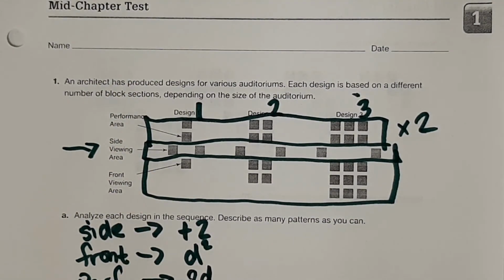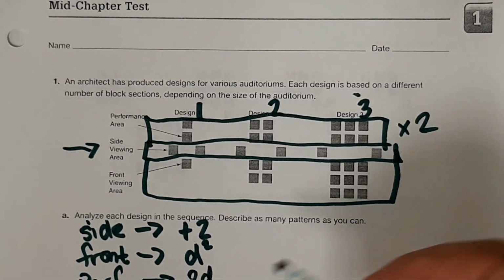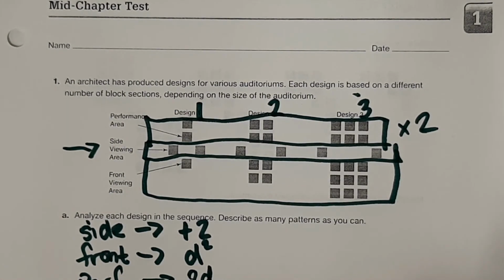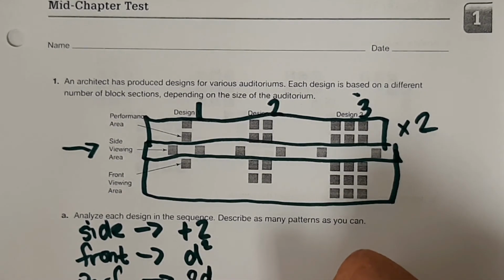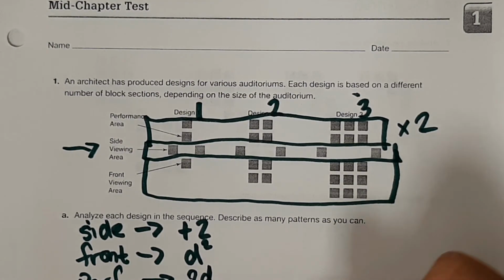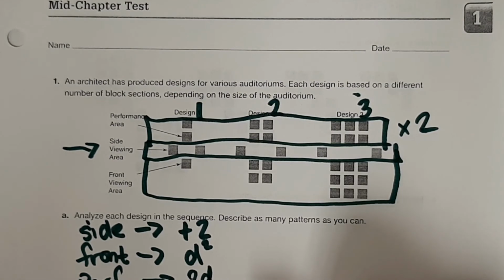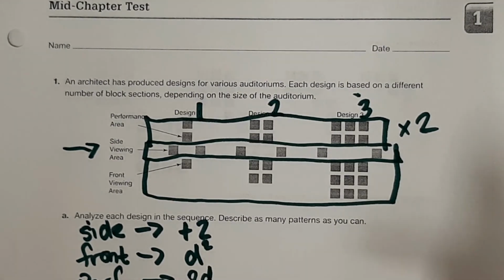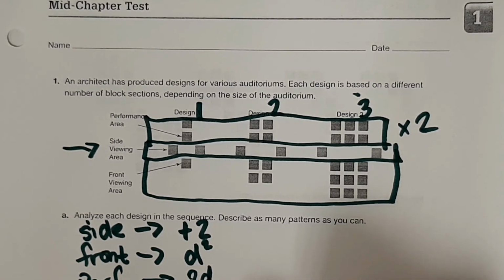So if I were to sketch the one for the 4th design, I'd basically just put 4 across the top. So 1, 2, 3, 4. And then a second row, 1, 2, 3, 4. I'm going to add 2 on the sides.